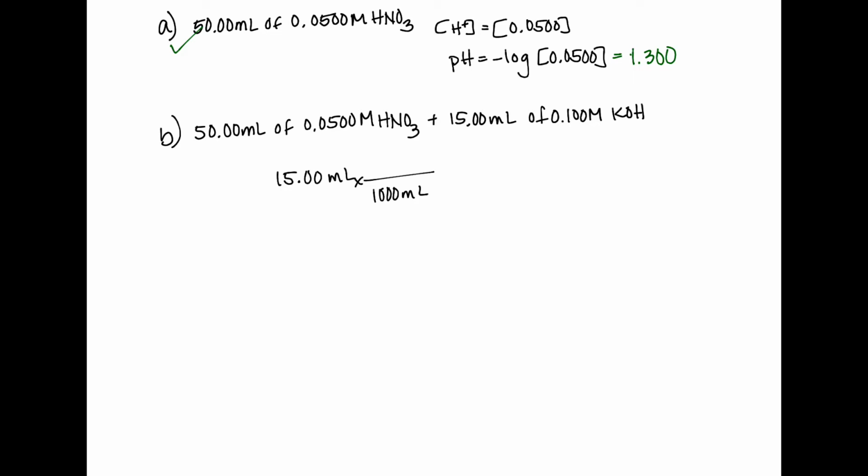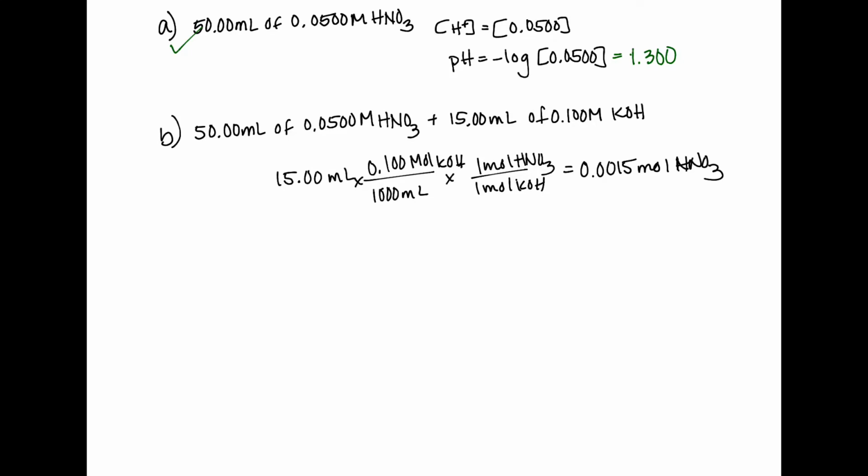So I'm going to use my molarity of the KOH. They react in a 1 mole to 1 mole ratio. And so I calculated that 0.0015 moles of the HNO3 was used.